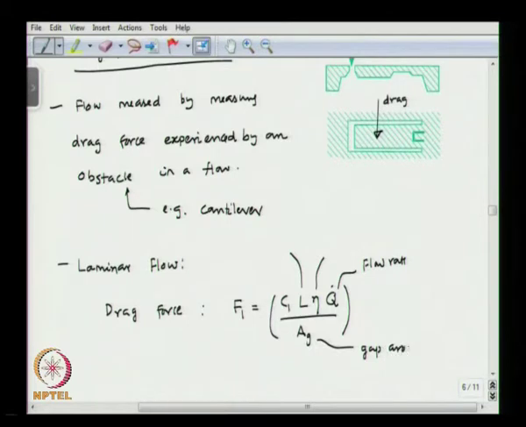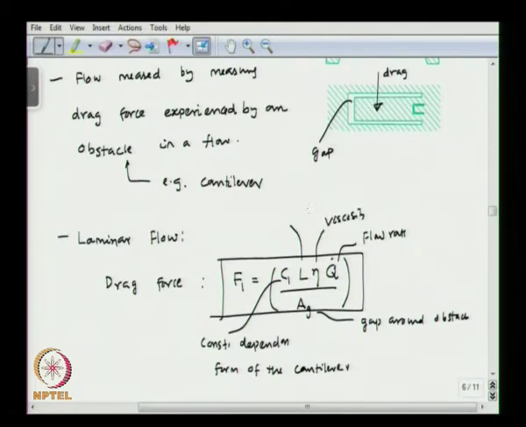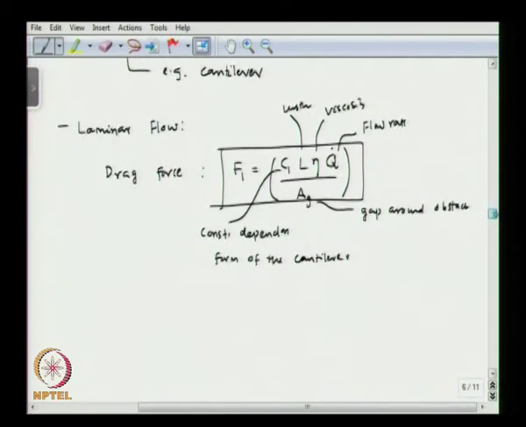C1 is a constant that depends on the form of the cantilever, so its length to width ratio is going to determine this constant C1.